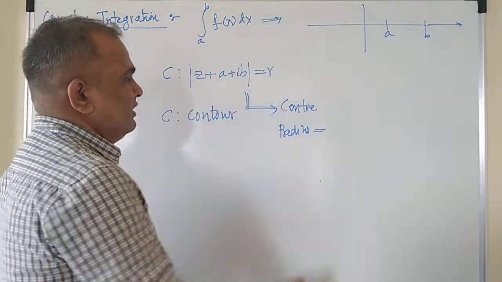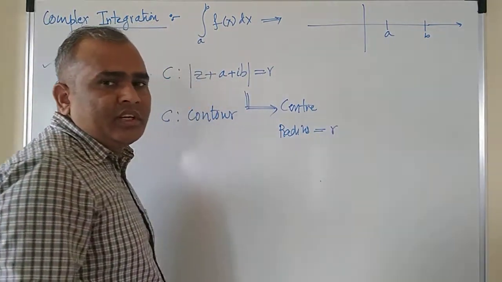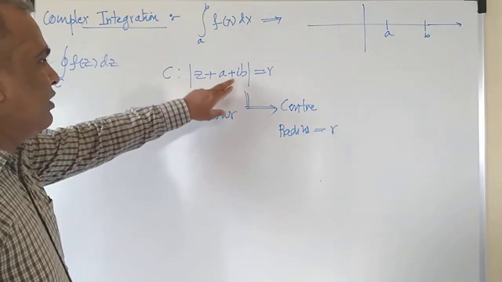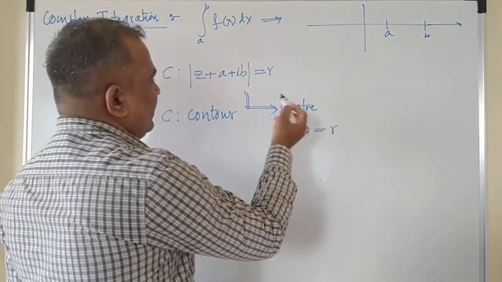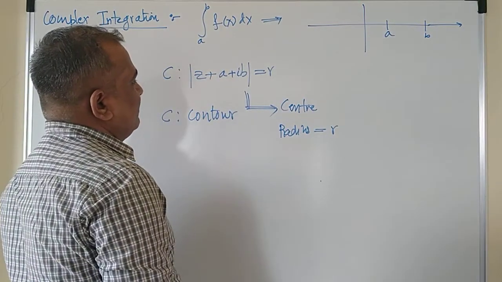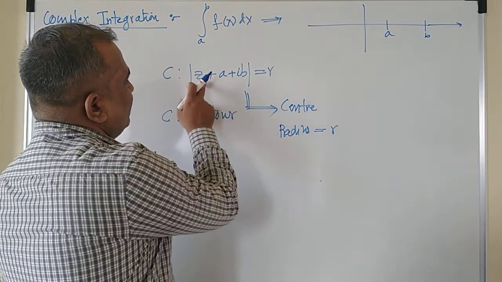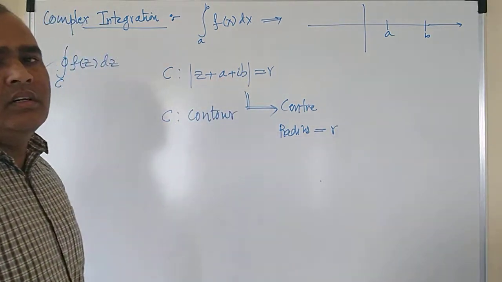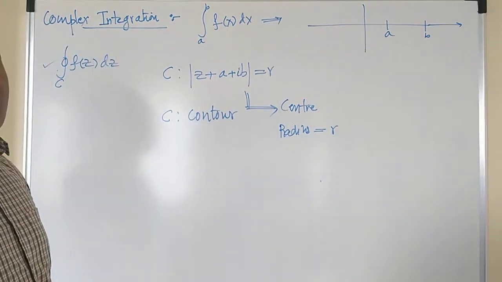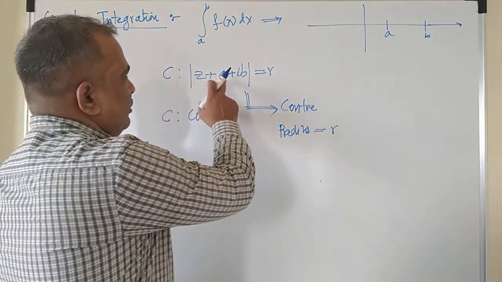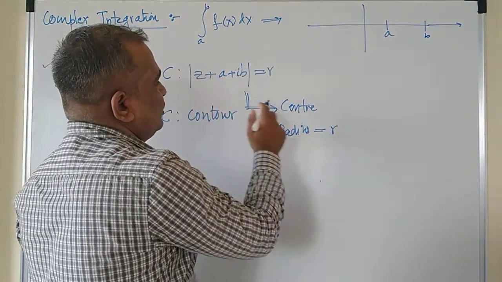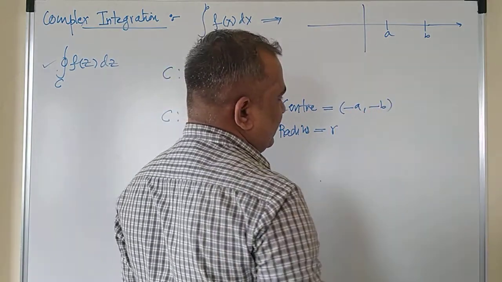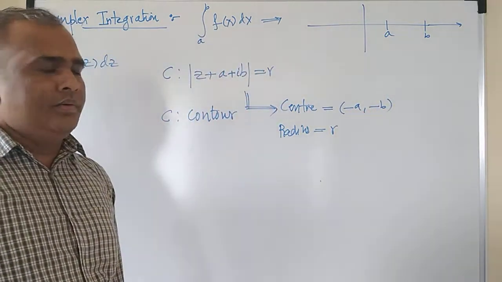This r is nothing but the radius of the given circle or given curve, right? And from this equation you will get the center just by equating with 0, and hence you will get a and b as the values of your center. So if you equate z + (a + ib) = 0, the center will be equal to minus a, minus b, right?